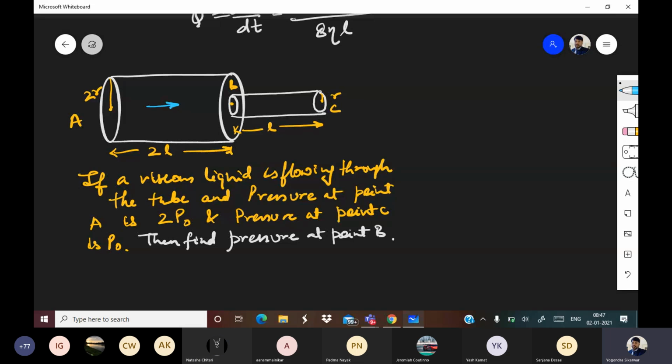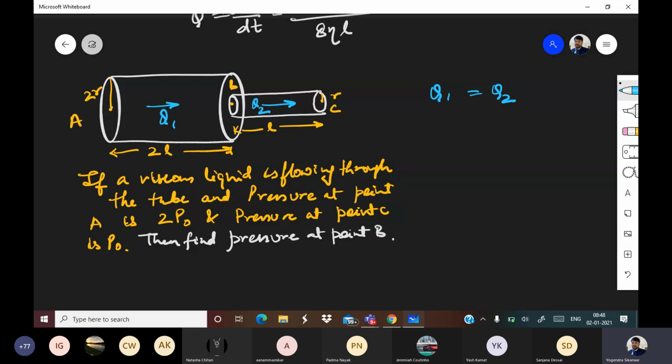So what I was telling you, that the volume rate of flow through first pipe and the volume rate of flow through second pipe, these two will be equal. Why? Because the liquid which is flowing through first one will be equal to the liquid which is flowing through the second one in the same time. Okay. So Q1 is equal to Q2.